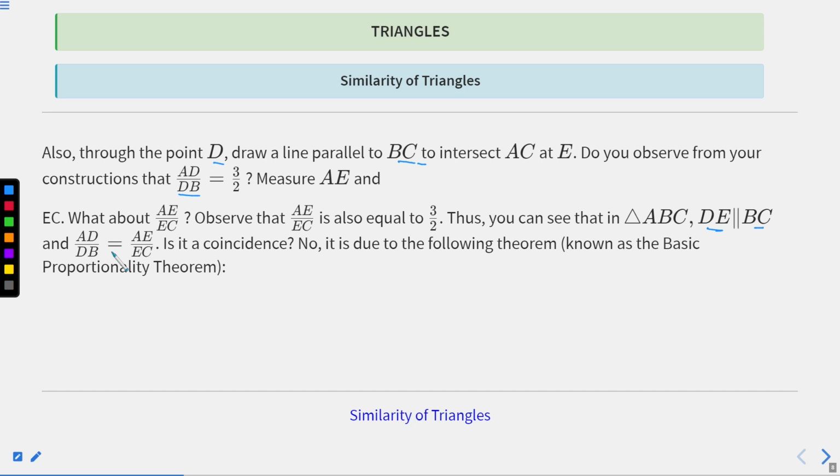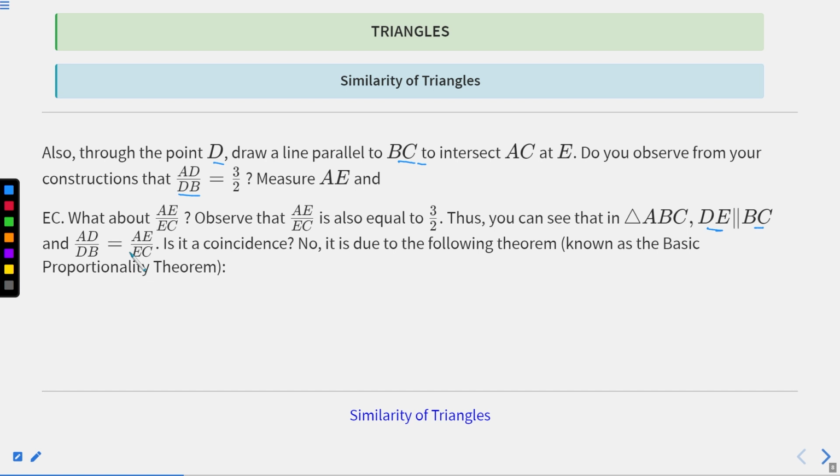We observed from our construction that AD over DB is equal to 3 by 2, and if we measure AE and EC, we find the ratio AE over EC is also 3 by 2. So in triangle ABC, DE is parallel to BC and AD over DB is equal to AE over EC.